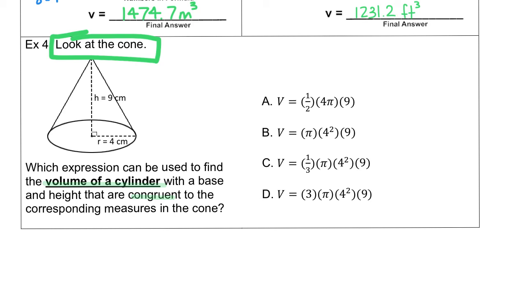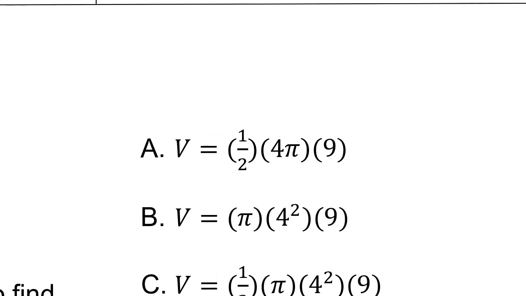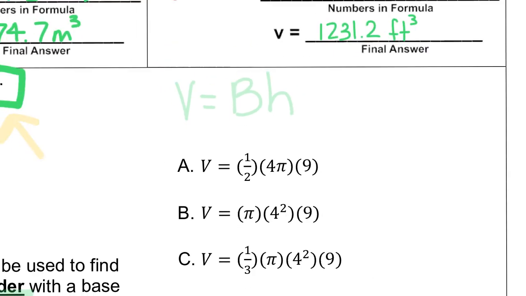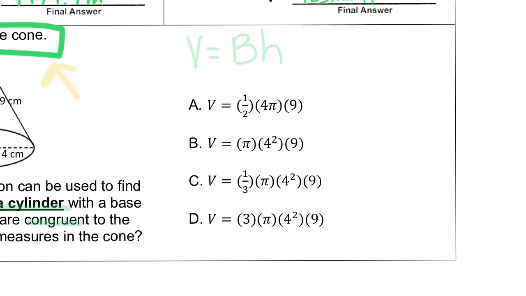So let's go back and look at the question again. They said look at the cone, but what do they really want? They want the volume of a cylinder. The volume of a cylinder is big B times H. So knowing that, what can we eliminate?